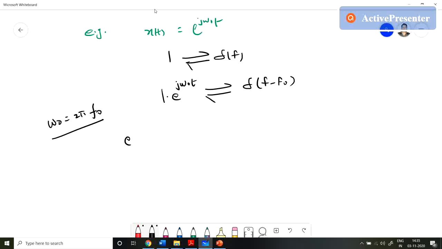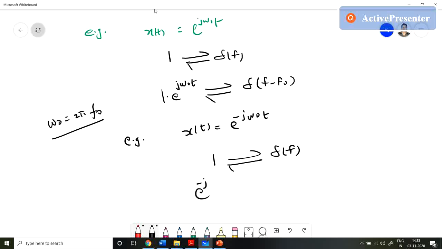Now if we have another signal, x(t) equals e raised to the power minus j omega naught t, again we can apply that. 1 has Fourier transform delta(f), then e raised to the power minus j 2 pi f naught t, where I have written omega naught as 2 pi f naught, has Fourier transform delta(f + f naught).